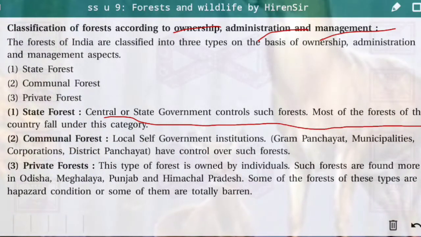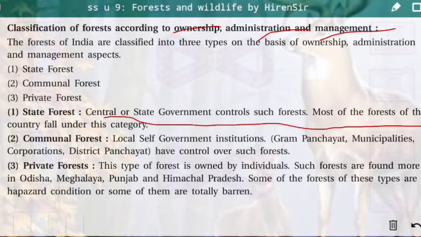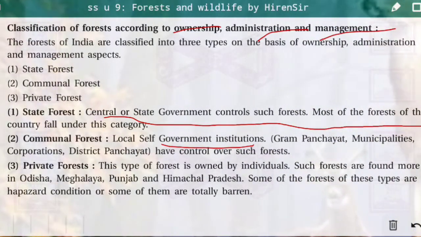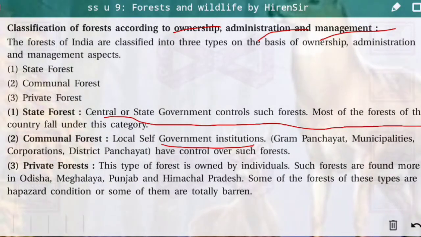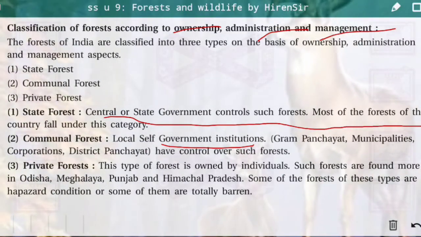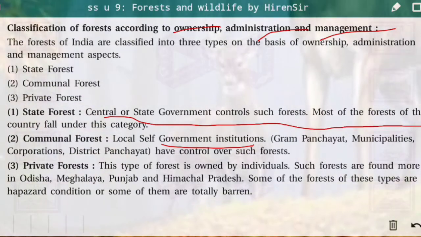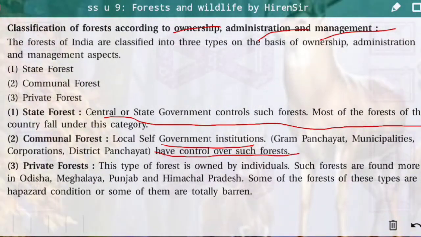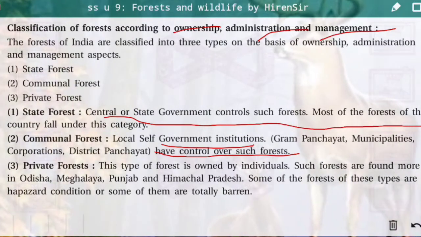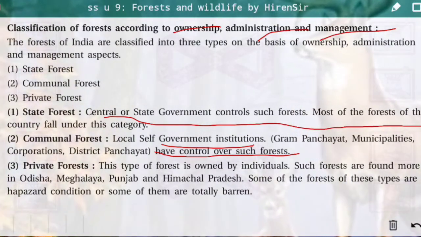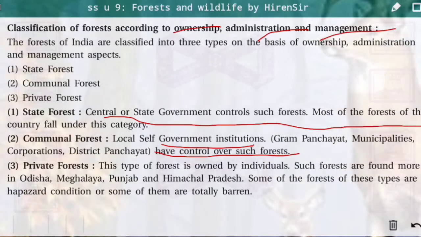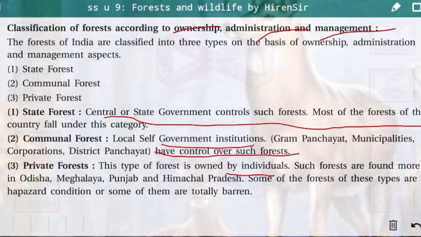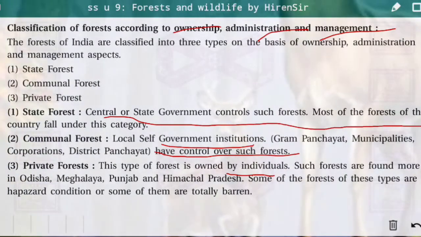The second one is the communal forest. Local self-government institutions like Gram Panchayat, municipality and municipal corporation at the city level, and also district panchayat have control over this type of forest. The third one is the private forest. This type of forest is owned by an individual or a particular private institute.